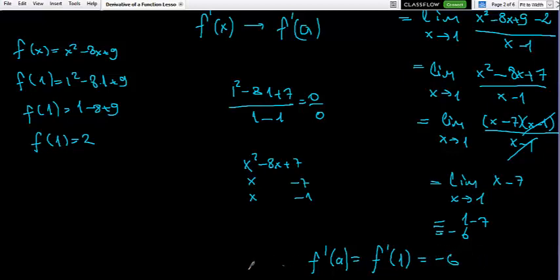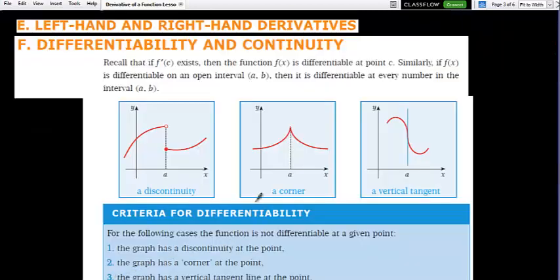If it is related with the limit, the derivative, then in some conditions we are not going to find the derivative, because in some conditions the function is not limited.